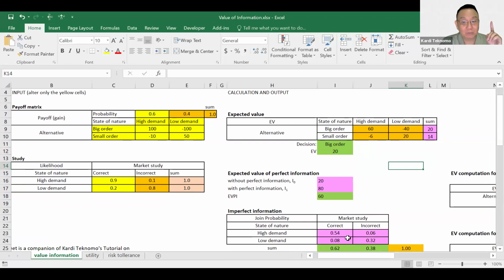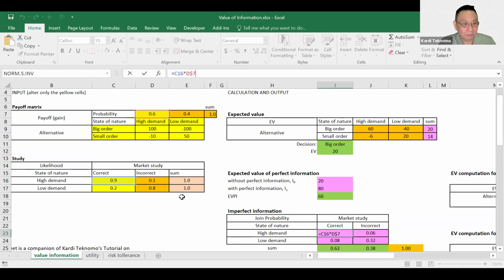Joint probability is simple. This one is the one that we know, and multiply by the probability. So this is high demand and correct, so we multiply 0.6 and 0.9. So we get that.